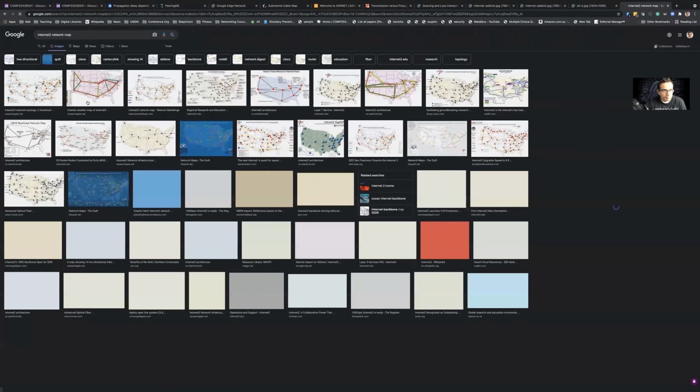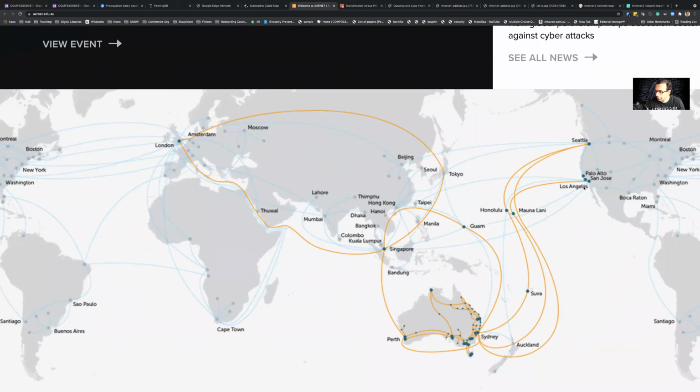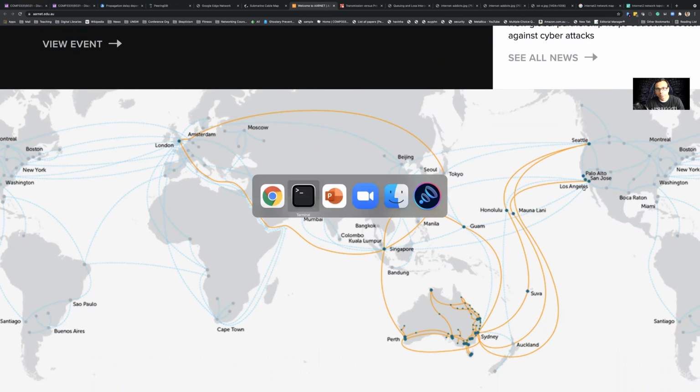If you see from Sydney, it went to Guam, right? And then where did it go from Guam? Probably along this hop to LA, I presume, right? So you can do a bit of detective work and figure out those paths.